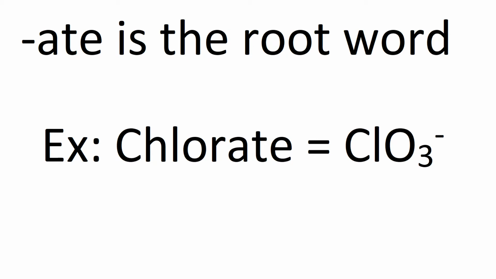The root word is the polyatomic ion with the suffix -ate, and everything is named according to it. In this example, you have chlorate, which is ClO3 with a -1 charge.